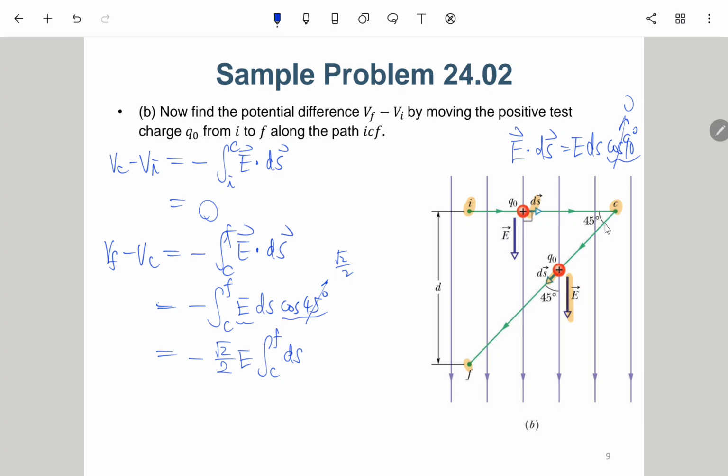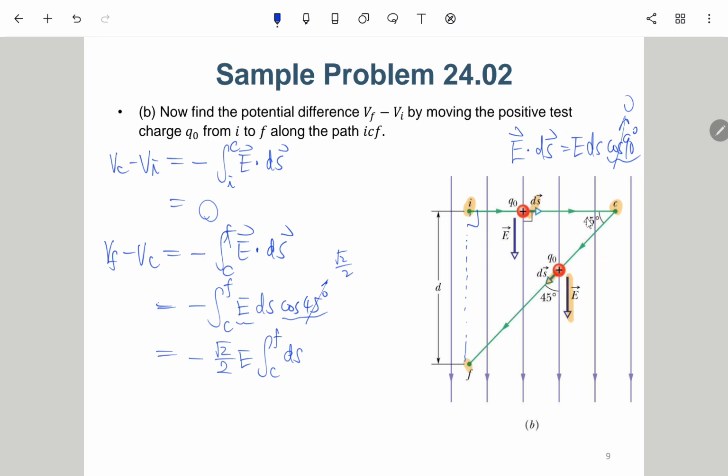Let's connect these two points I and F. This is a right angle triangle.